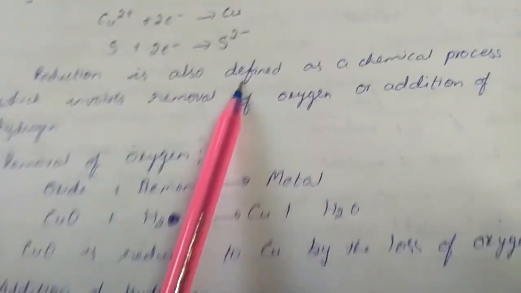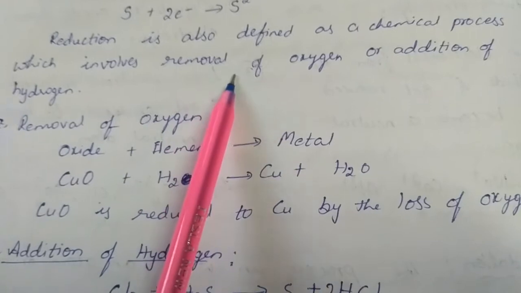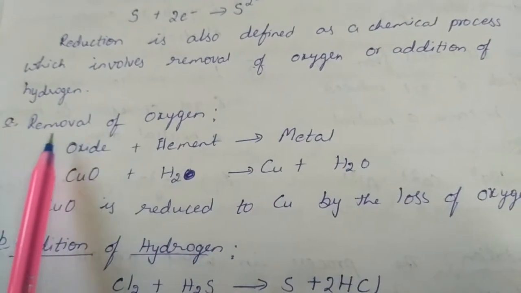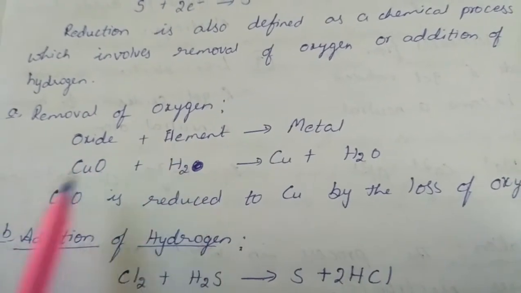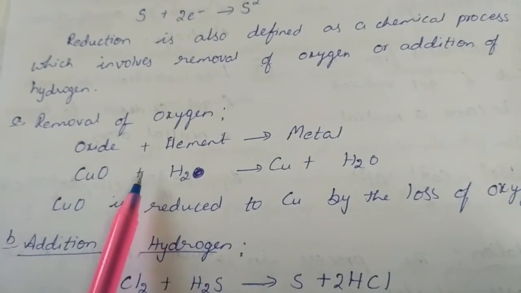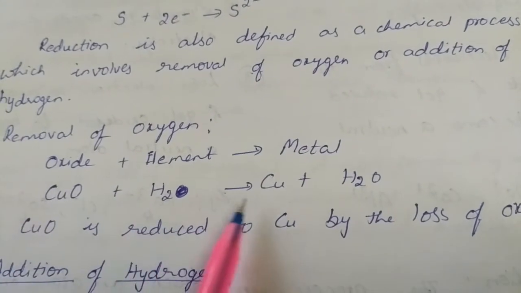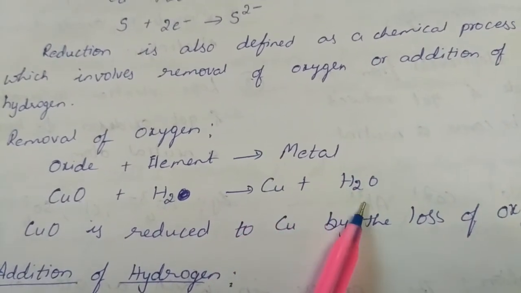Reduction is also defined as a chemical process which involves removal of oxygen or addition of hydrogen. See this removal of oxygen: metal oxide plus hydrogen forms a metal, that is copper, and water.